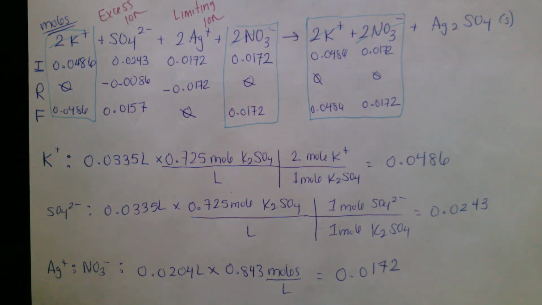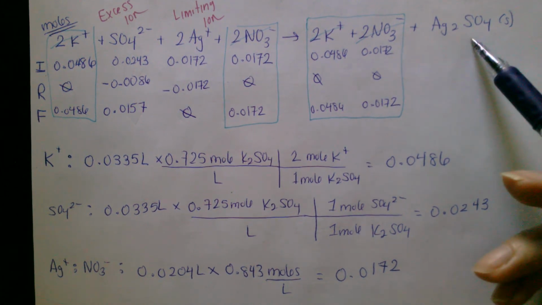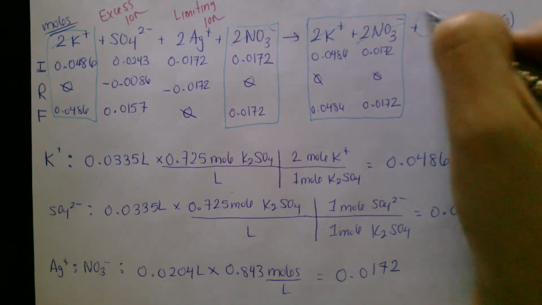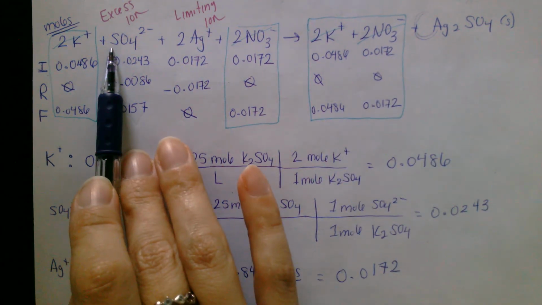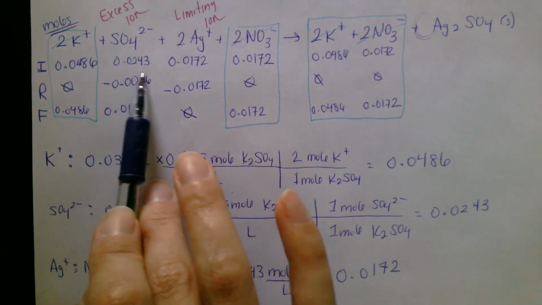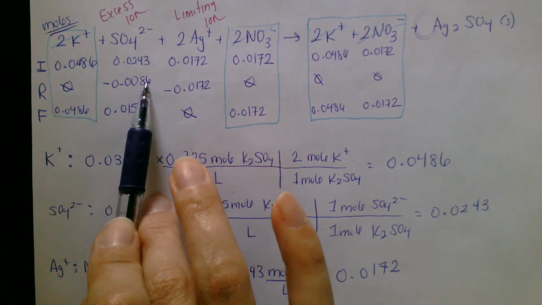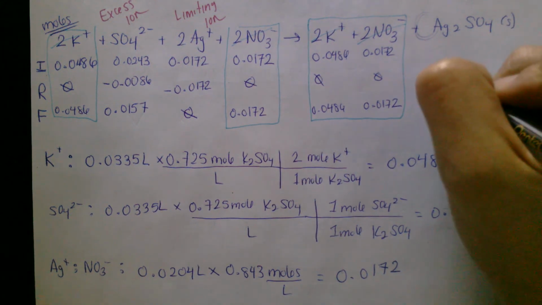Okay, so now we need to look at our product here, our silver sulfate. So our coefficient here is a 1. So our coefficient for sulfate is also a 1. So its value, or its entry for R, is identical. So this value is going to be the same here.